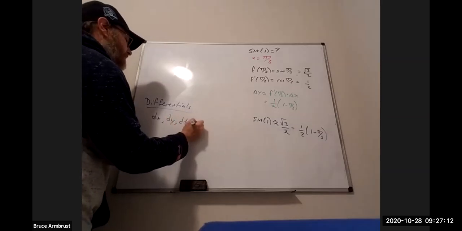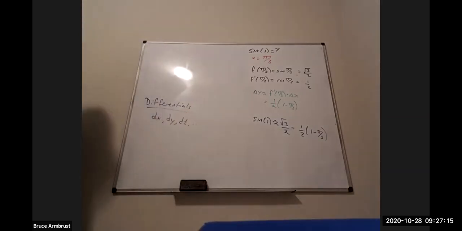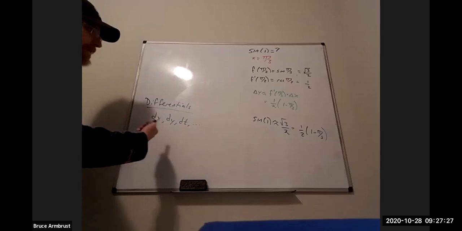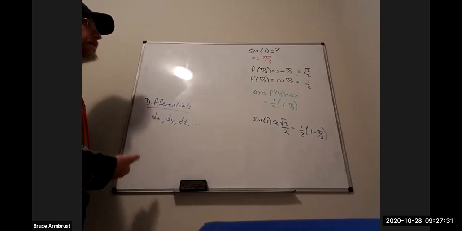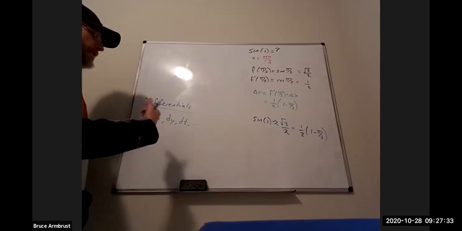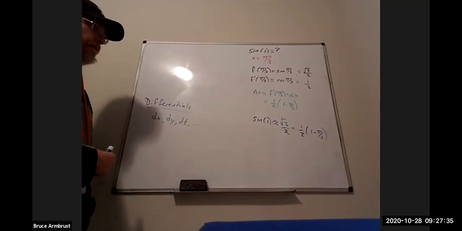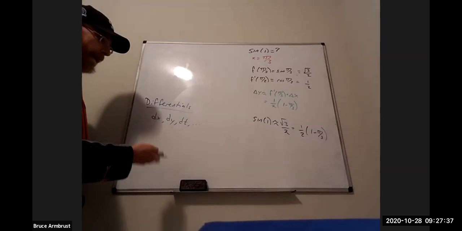All the time we've ever used any of these little things, the dx, the dy, the dt, and so on, those things are what we call differentials. And we use these all the time. And when we're doing linear approximations, we're basically using the differentials to approximate the actual change.